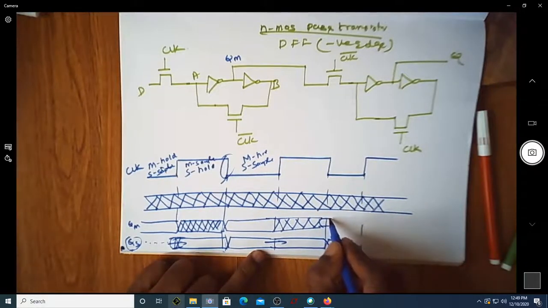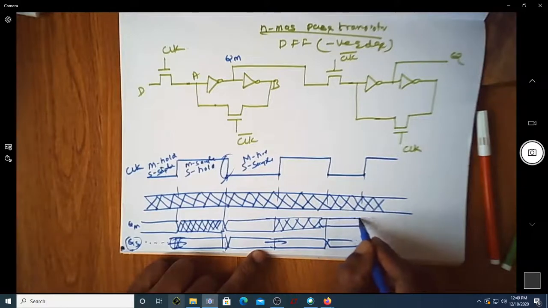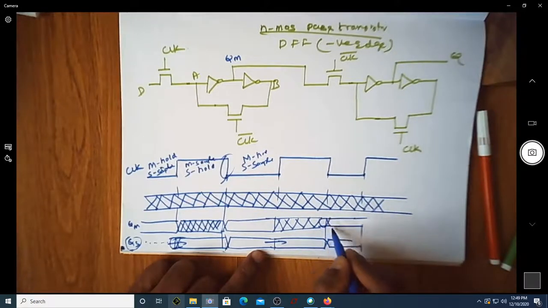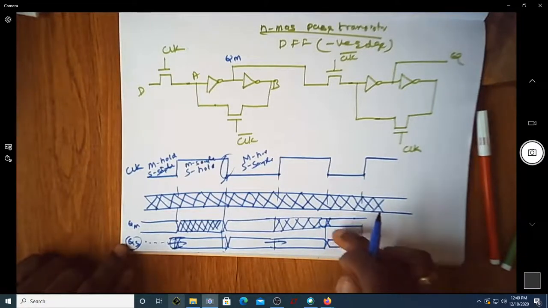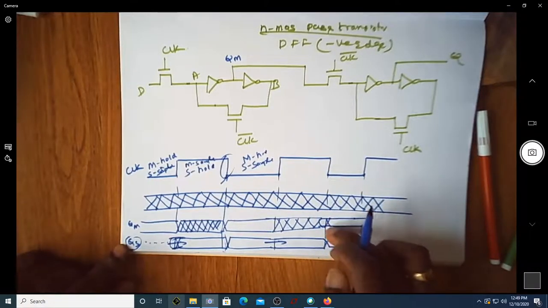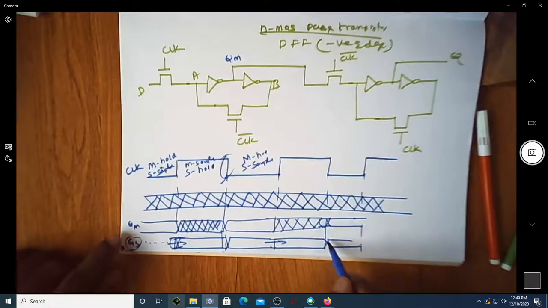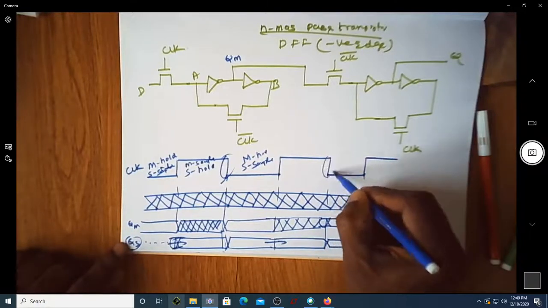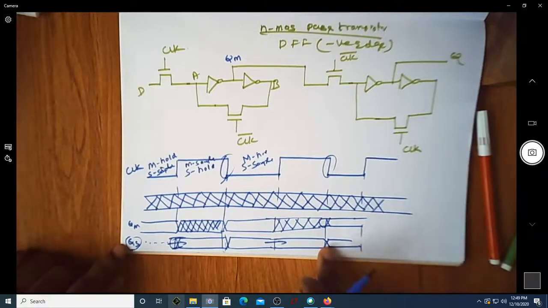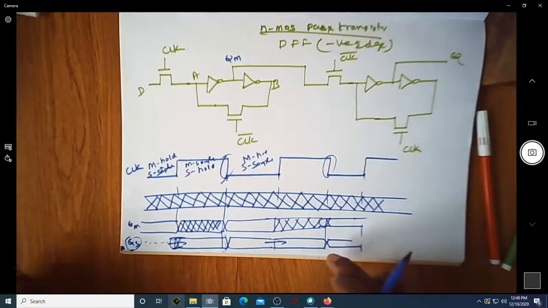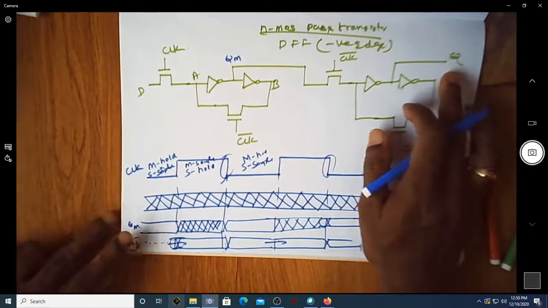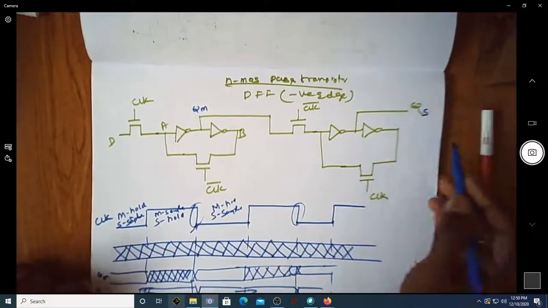Here this is sampling the master value. So during the negative edge of the clock, the exact value of your D at the negative edge will be coming onto your final output Q, which is nothing but QS here.